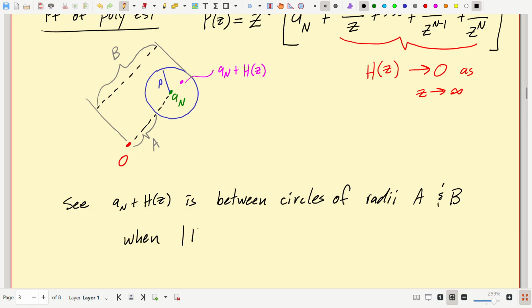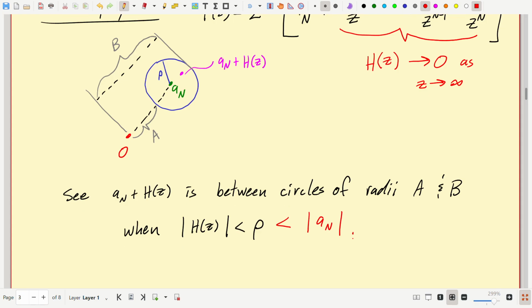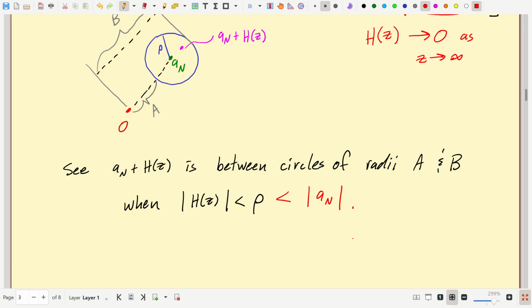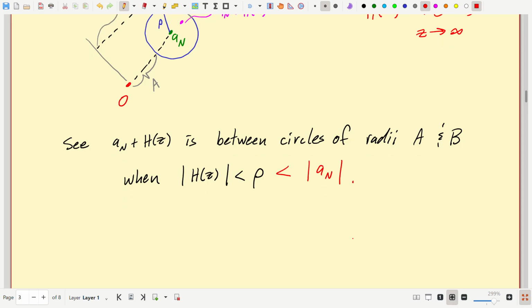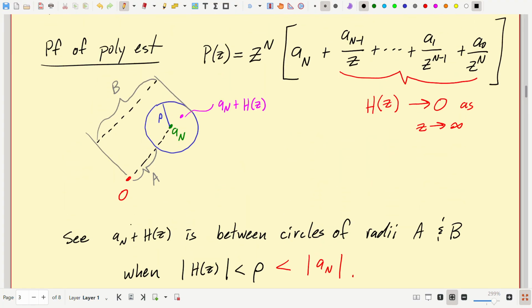So we want h of z to be less than the radius rho, and for that picture to be valid, we want rho to be less than the modulus of a_n. And so the inequality follows. So what do we get? I should have written p of z over z to the n there on the left.